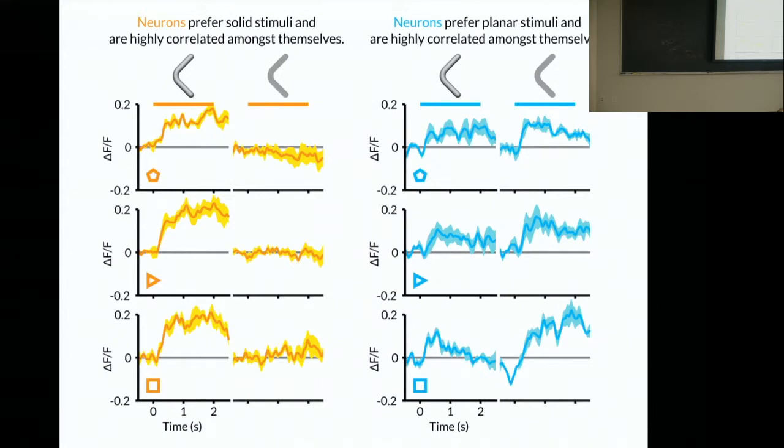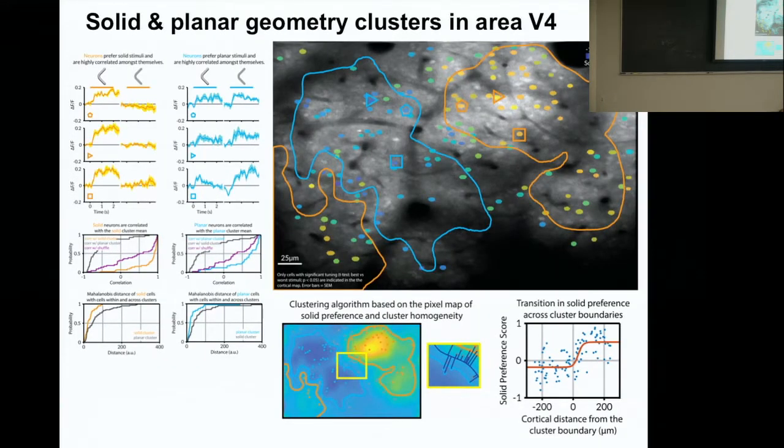And then there are some neurons that have equal or stronger responses to 2-dimensional stimuli. So here's the actual image that came from. Each of these neurons is identified by a couple of tests as a neuron, and then the color code represents the bias towards solid shape, where dark purple, which really doesn't occur here, would represent responses to purely 2D shapes, no responses to 3D shapes.